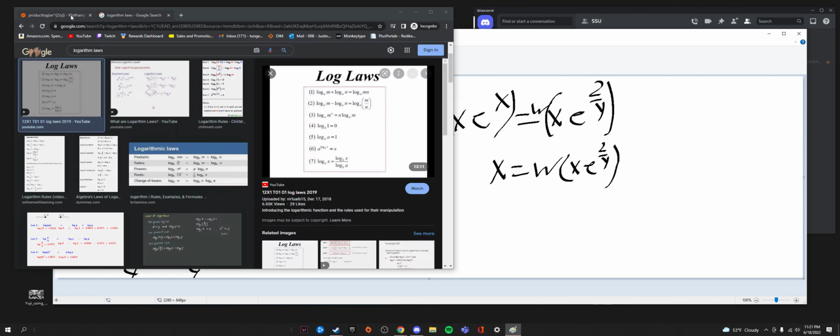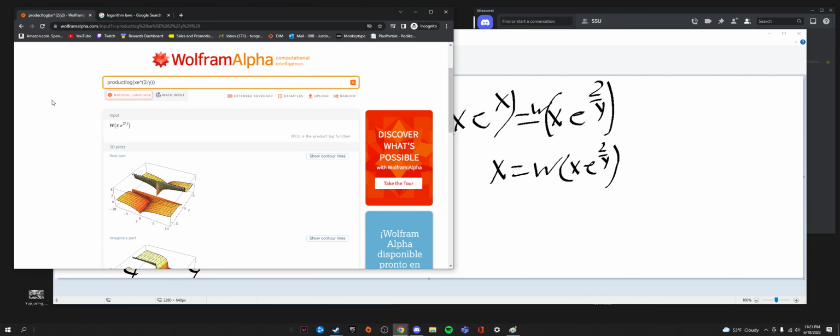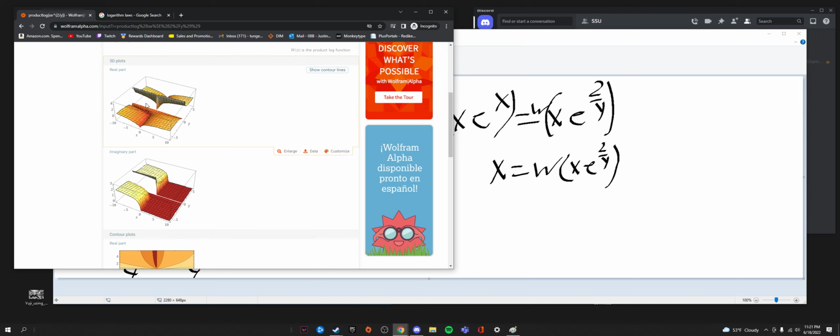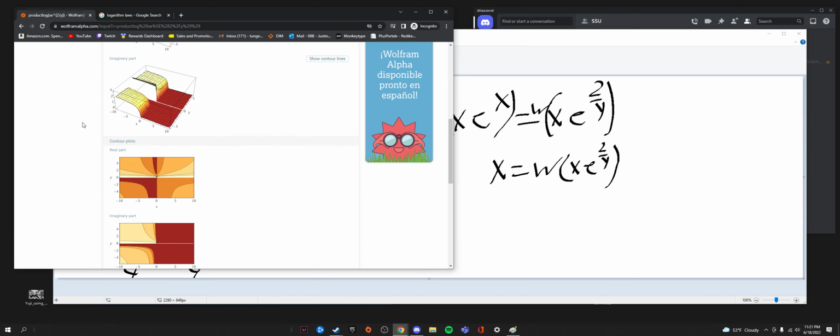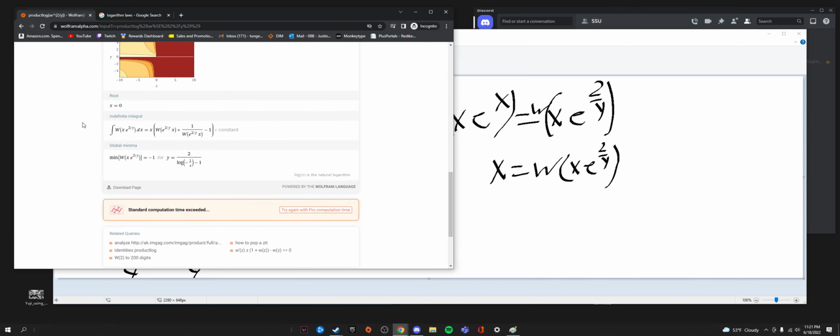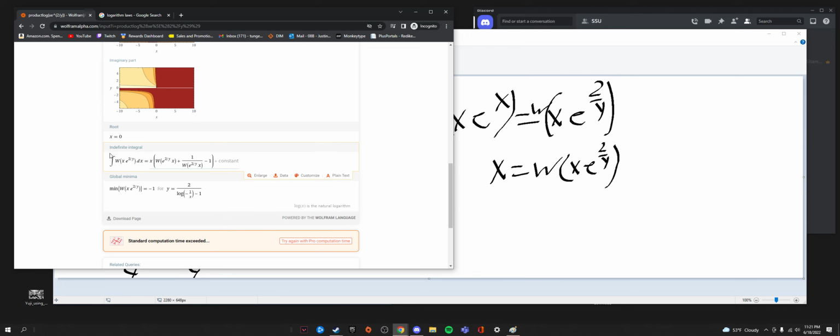Now, this means nothing because, well, Wolfram Alpha tells you no actual number.